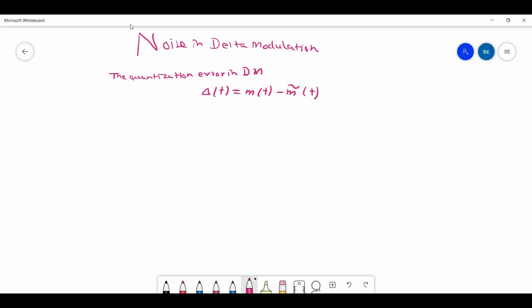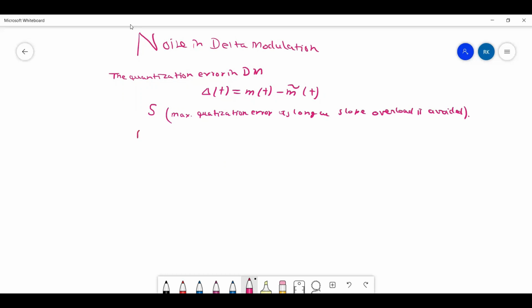The maximum quantization error in delta modulation, as long as the slope overload is avoided, is S. Okay. In PCM, this thing is S by 2. In delta modulation, this is S.